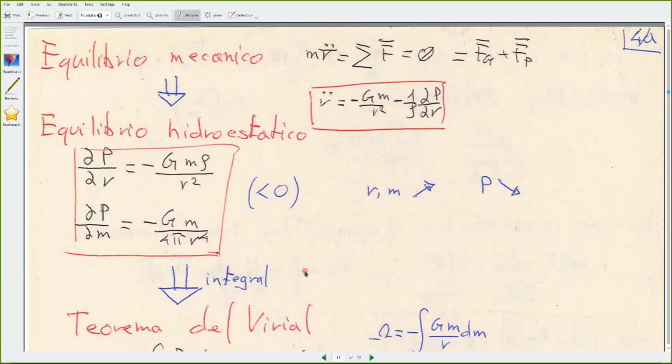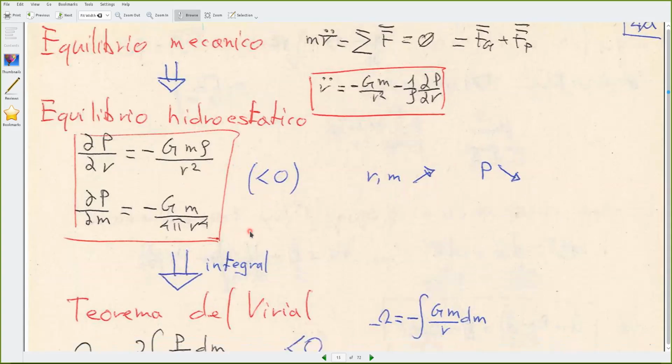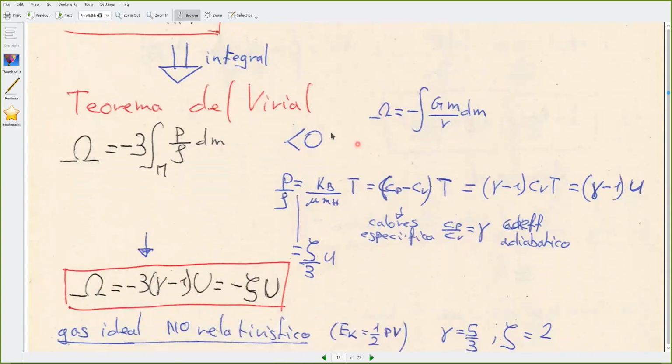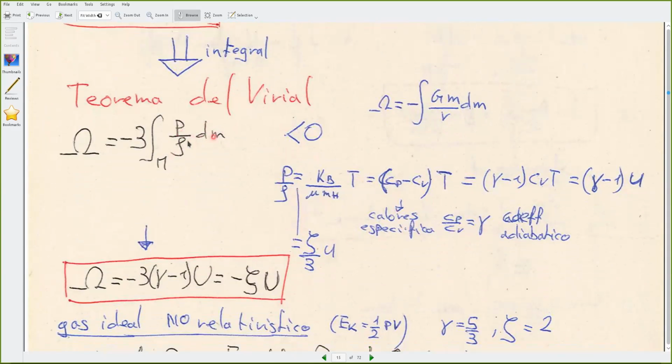Applying the integral to the hydrostatic equilibrium, we get the virial theorem. Nice calculation, where we get that the potential energy, the gravitational energy, is equal to minus 3 times the integral over all the mass of pressure divided by density, dm. That is minus or zero.